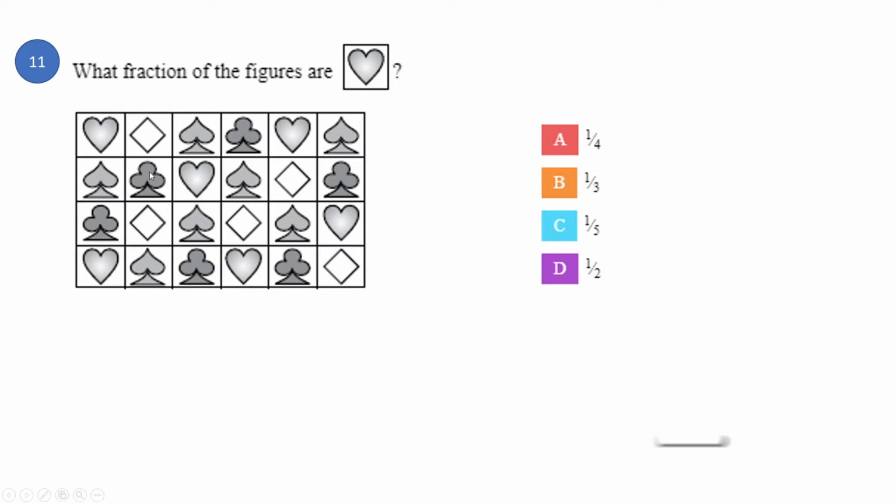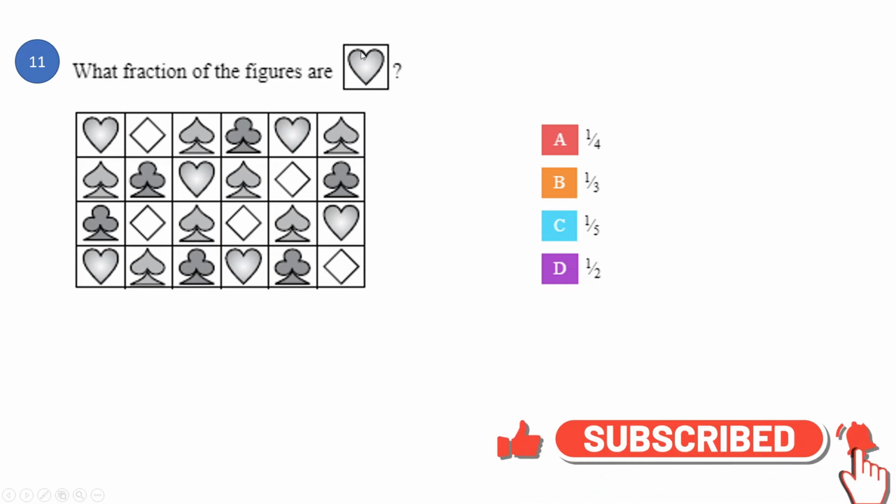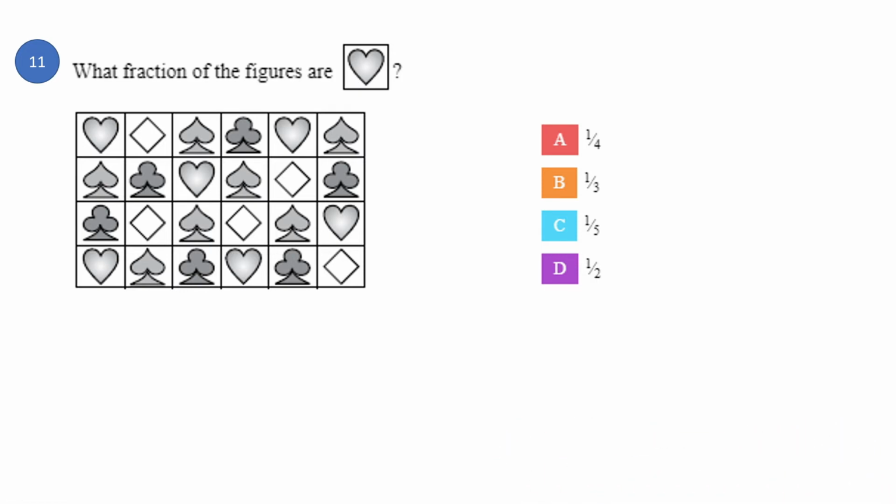Let's go to the next question, which is a fraction question, and we need to find what fraction of the figures are the heart in the box. Your time starts now. Well, this is an easy one. To find this fraction, you need to find the number of boxes with hearts divided by the total number of boxes.